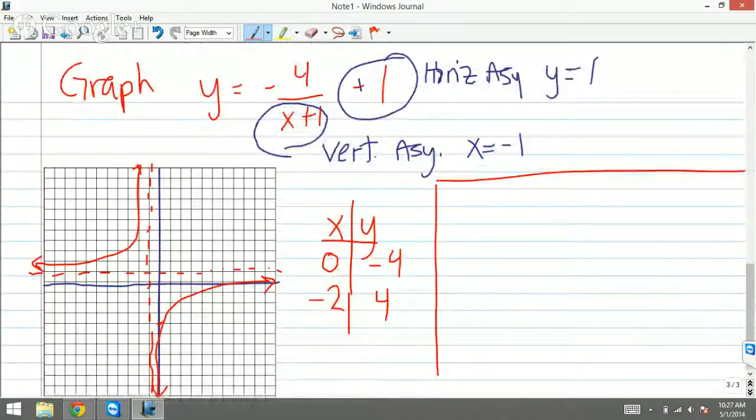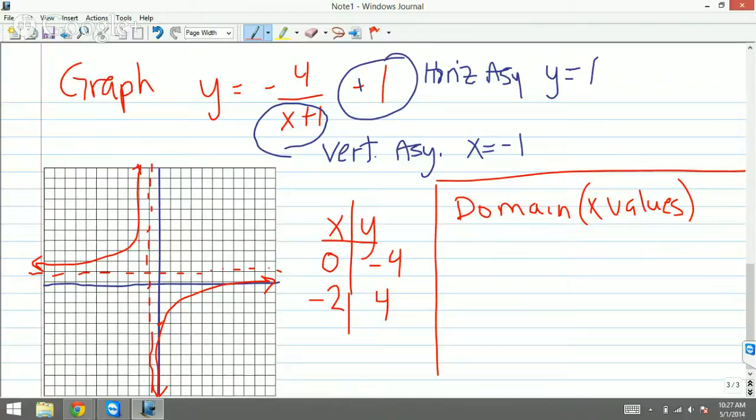Okay, last thing. Do you guys remember domain and range? The domain's the possible x values. What x values are possible?